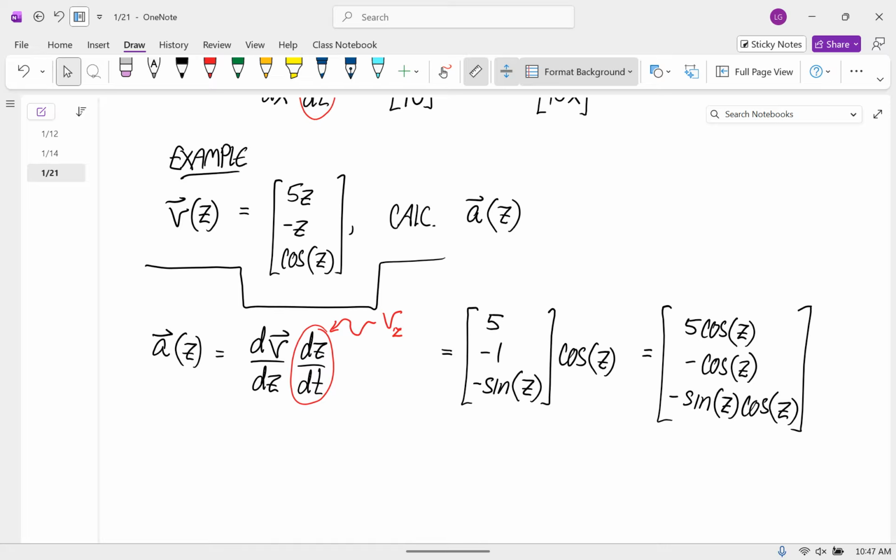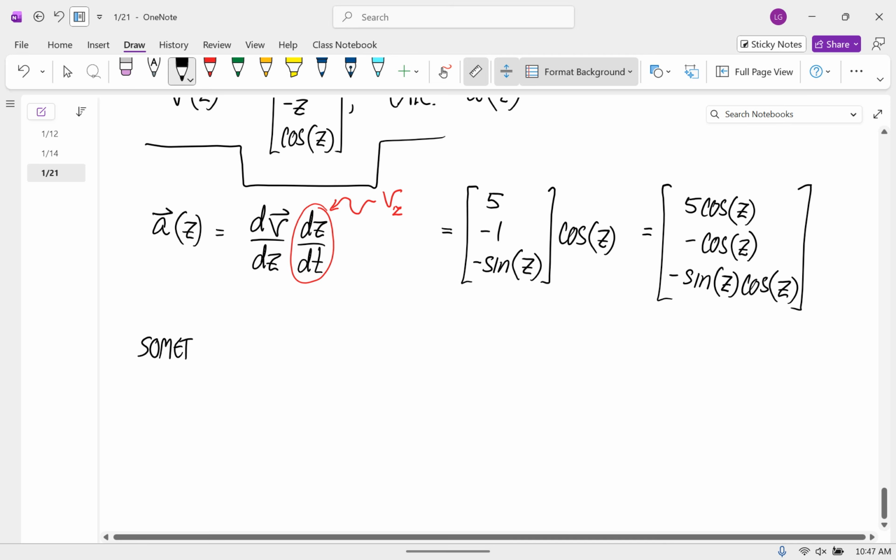Okay. We're going to make this one step more complicated. This is kind of what you would like to see. The only trick, if you see it in this form, is recognizing that your independent variable is not t, so you have to use the chain rule.